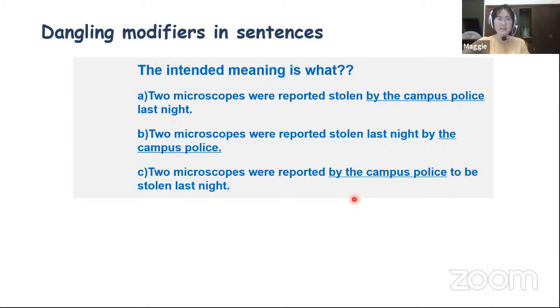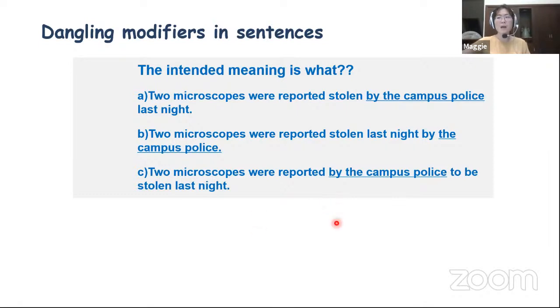Here, sentence C is the correct one: two microscopes were reported by the campus police to be stolen last night. Then there's no misunderstanding anymore. We know that the campus police only reported the theft of two microscopes last night. They are not the thief, right?